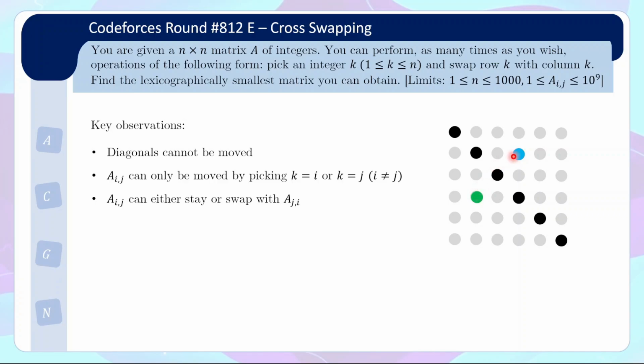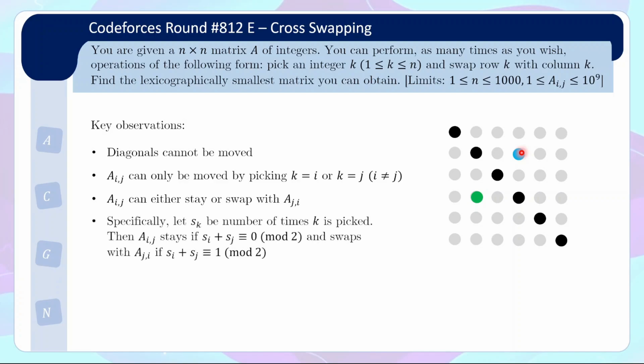So a_ij will swap to the spot a_ji, and then if you do a similar swapping again, you'll go back to a_ij. So now we know that each off-diagonal term a_ij can either end up back where it is or swap with a_ji.